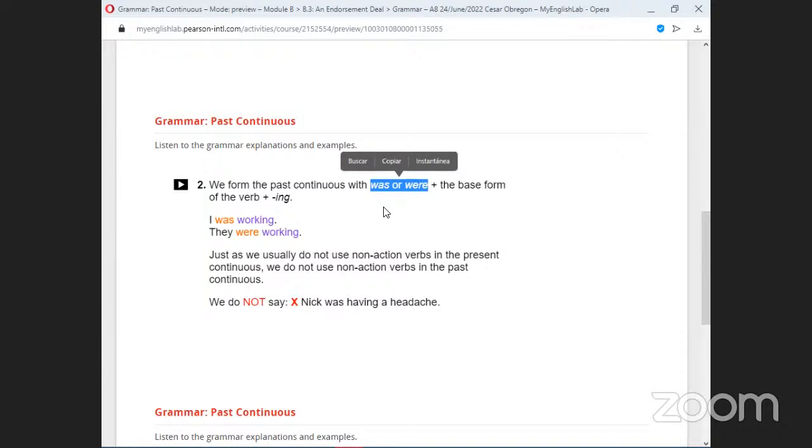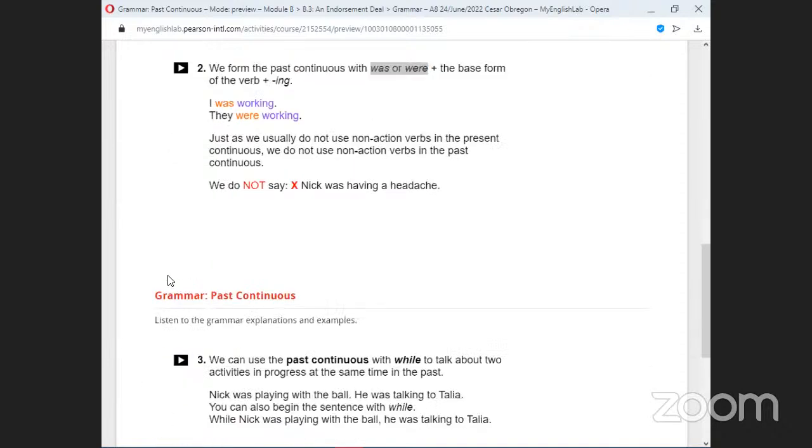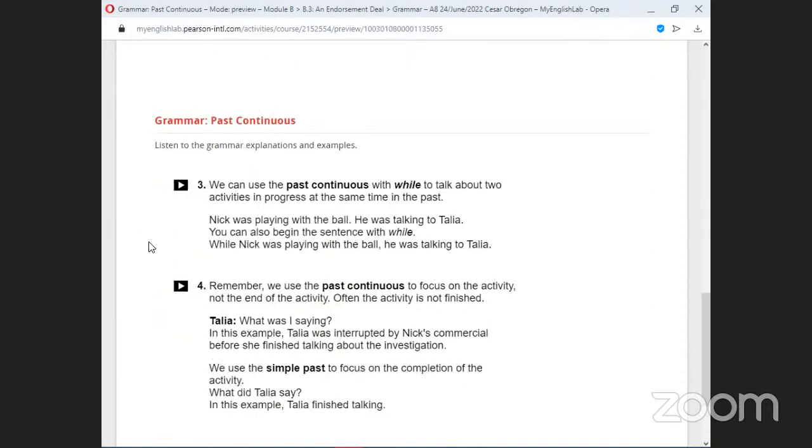Unlike the present perfect, which we use have or has, and then the verb being. Are you ready?